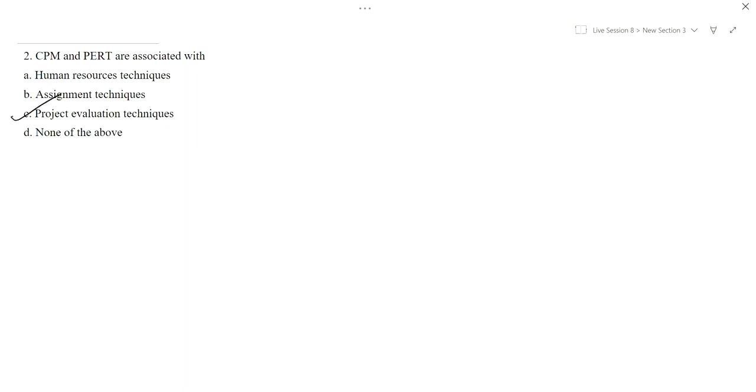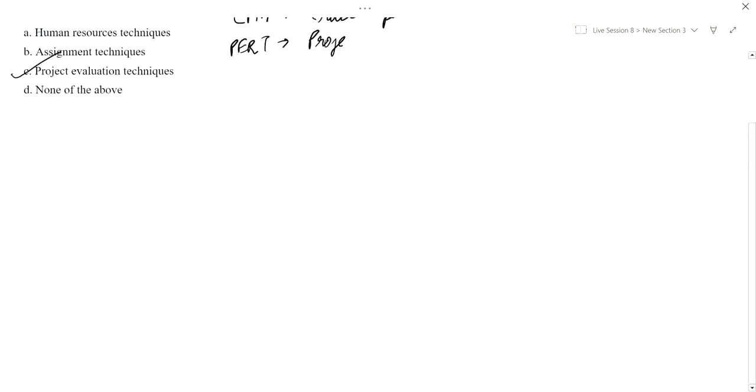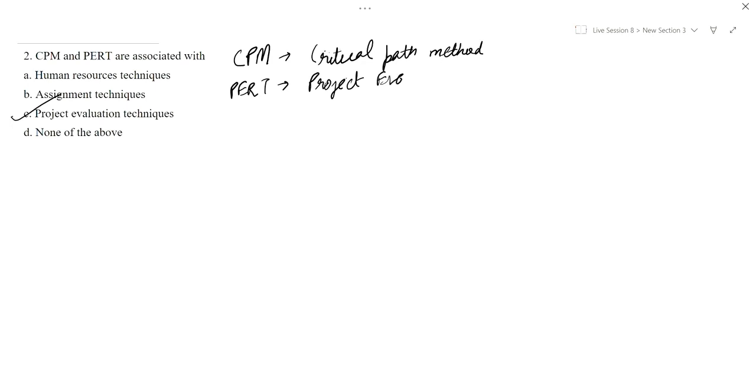Well, CPM is critical path method. PERT is project evaluation and review technique.